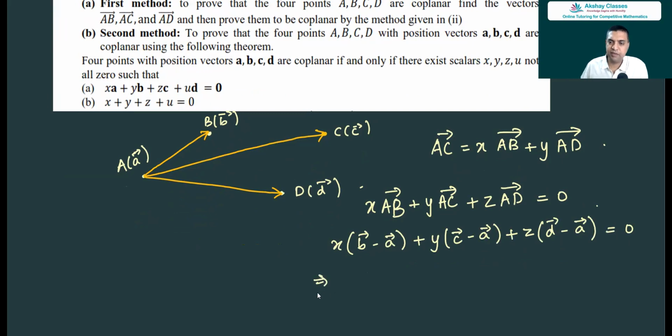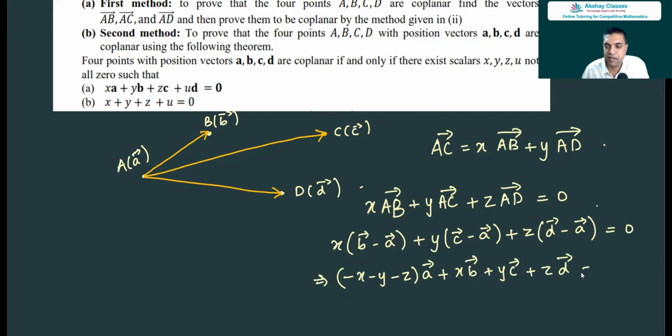Now, collecting the coefficients of A, you get minus x minus y minus z. So (minus x minus y minus z) times A bar plus x times B bar plus y times C bar plus z times D bar is equal to 0.